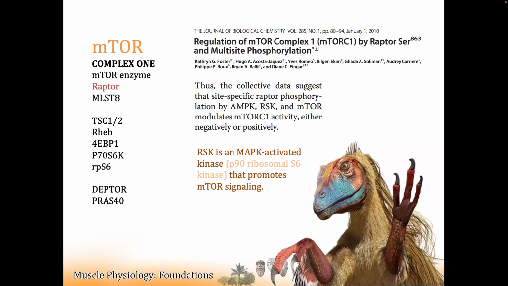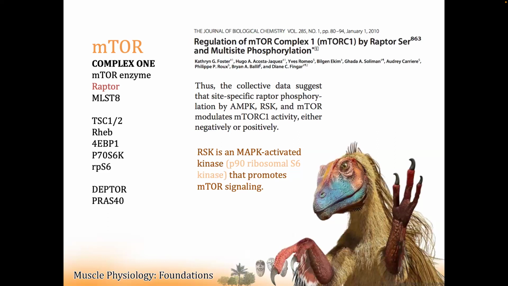We'll talk about both in detail, but for now, they both act on Raptor, among other sites. So don't think of Raptor phosphorylation as on or off. Just think of it as either. It just depends on the phosphorylation site, but you don't even have to memorize the sites. All you have to learn is the phosphorylating enzymes.